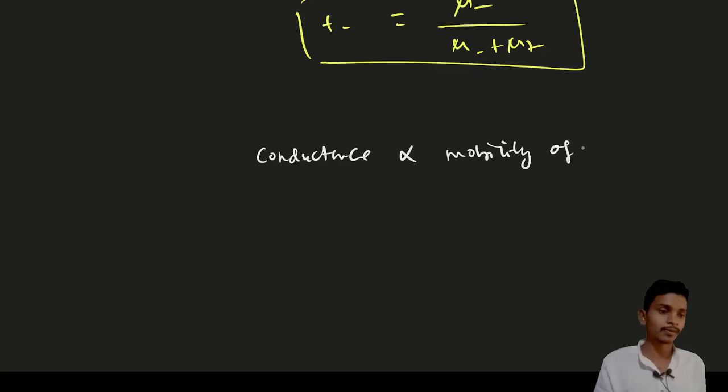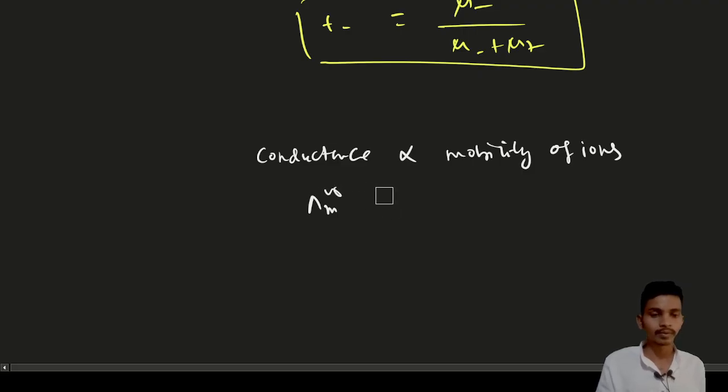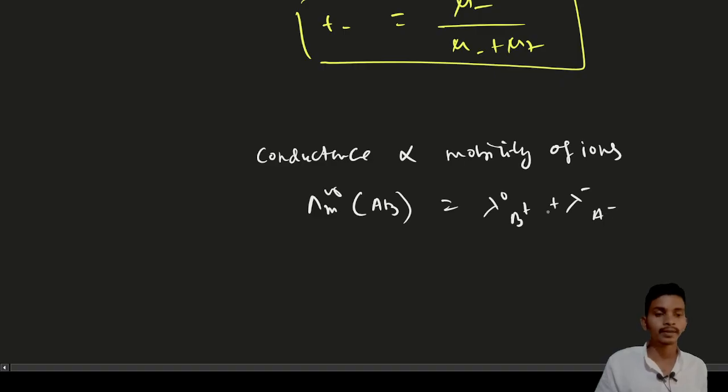So mobility of ions and conductance: let's say lambda m infinity of any solution AB, then we write lambda infinity of A minus.